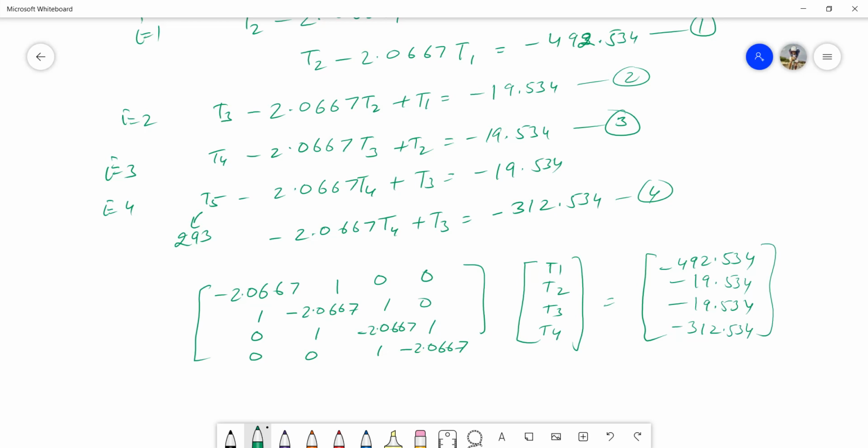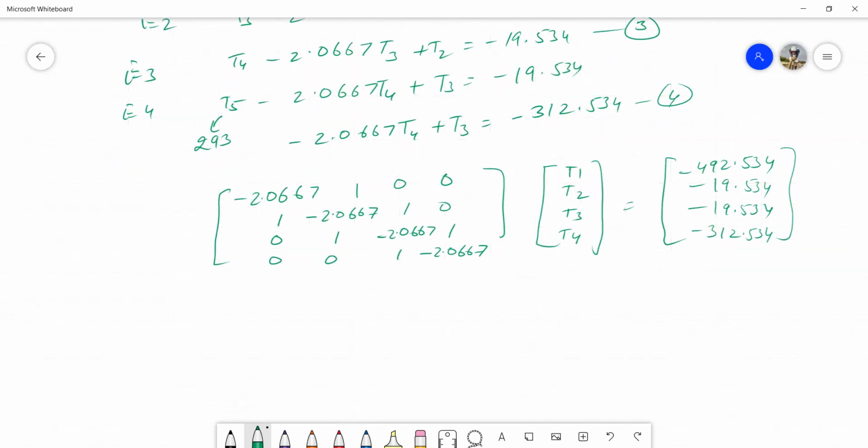So upon simplifying, we have the values of T1, T2, T3 and T4.